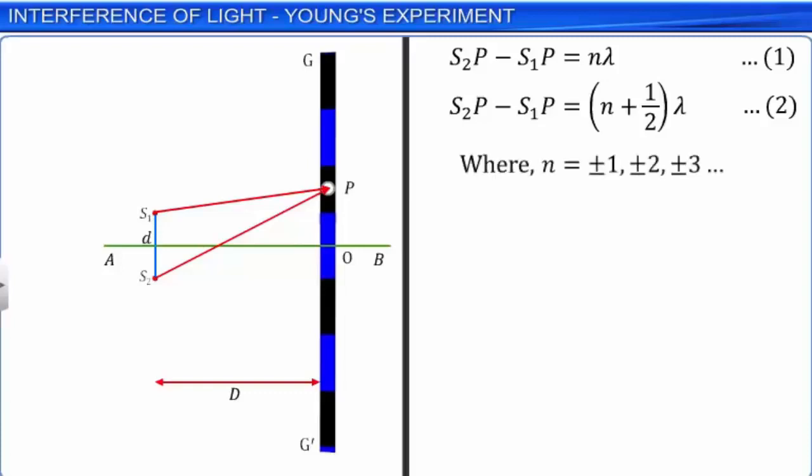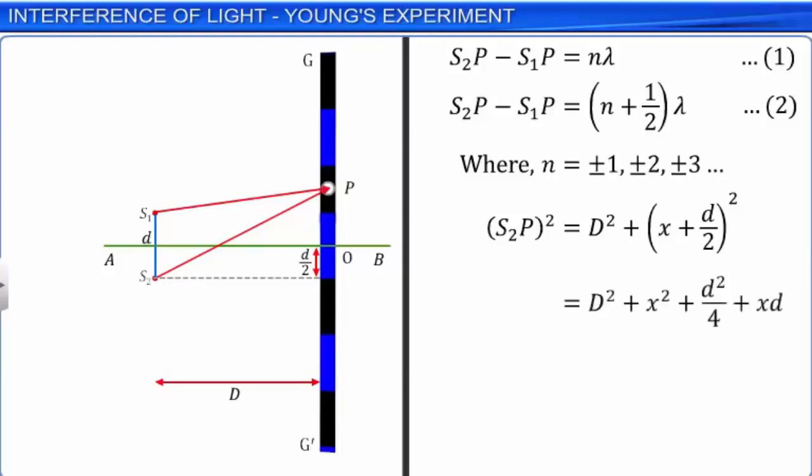From the diagram, as shown, we can write that S2P² is equal to D² plus (x + d/2)². This is equal to D² + x² + d²/4 + xd.